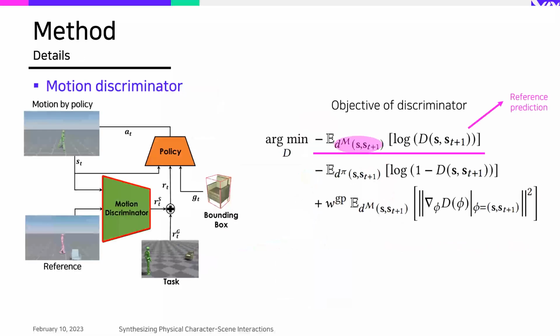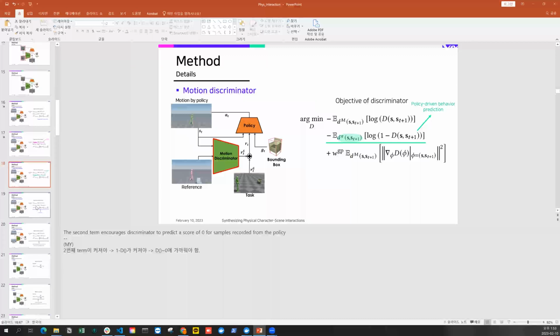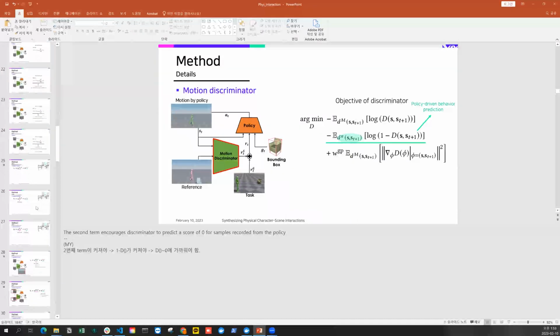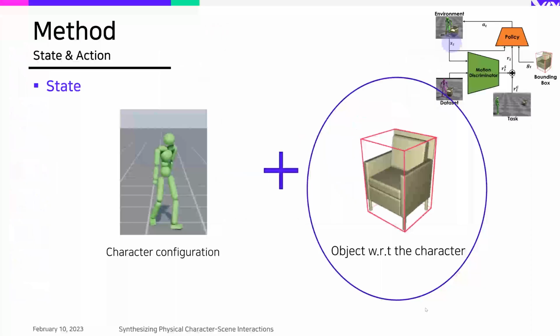And as I mentioned previously, they included the object with respect to the character in the state. So they were able to also look at the scene information to interact with it. Yeah, I think I got the point. Thank you.